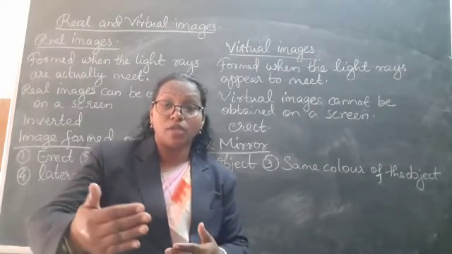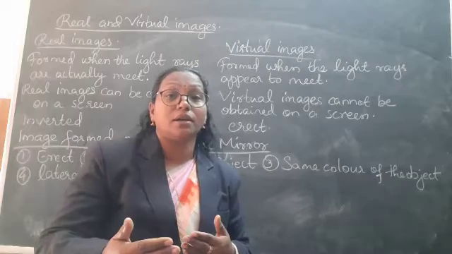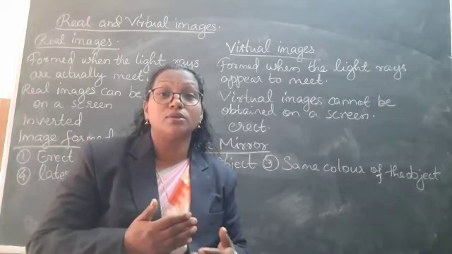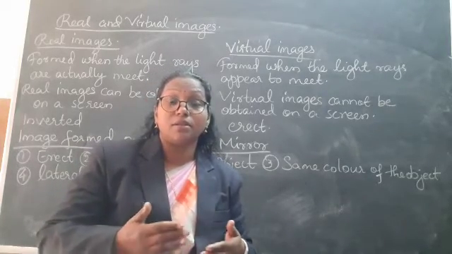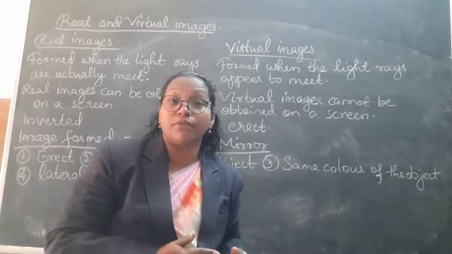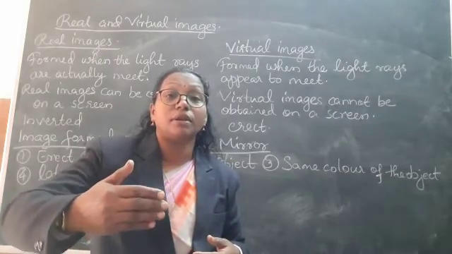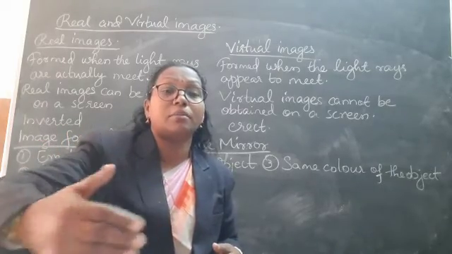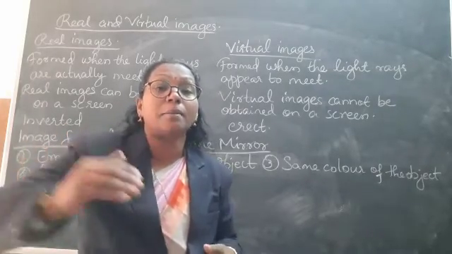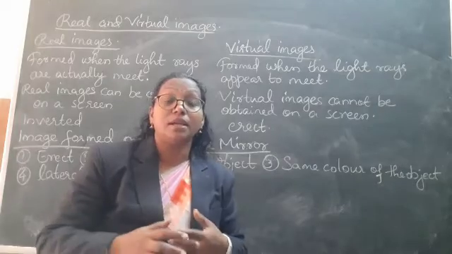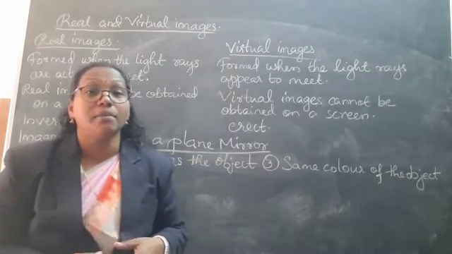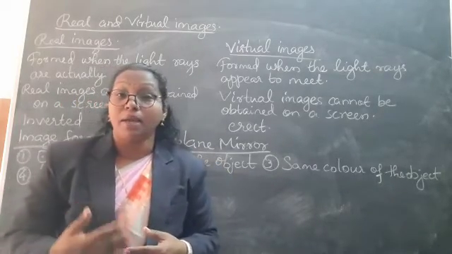Now, when we are standing 1 meter away from the mirror, the image also appears to stand 1 meter inside the mirror. So that is another property of the image formed on the plane mirror.